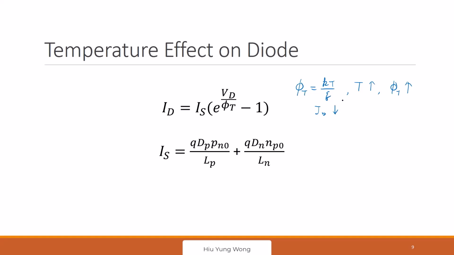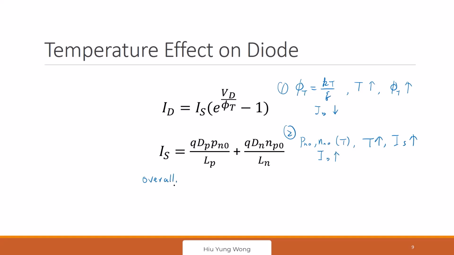But at the same time, IS also depends on temperature, through pn0 and nn0, which actually depend on temperature. When temperature increases, IS will increase. So in general, ID will increase, right? So in general, the overall effect is this.